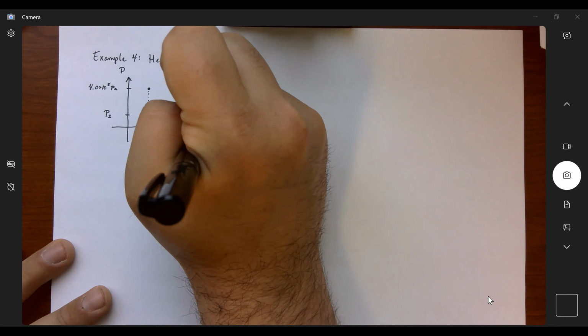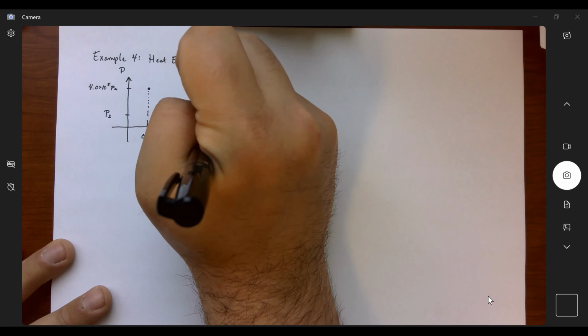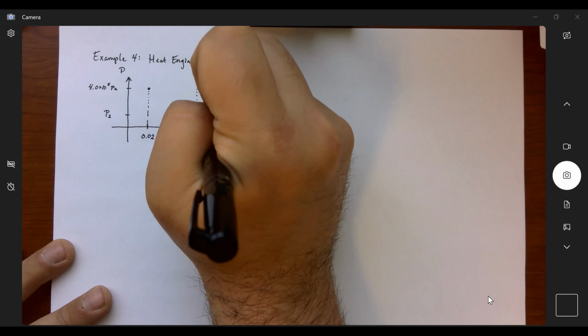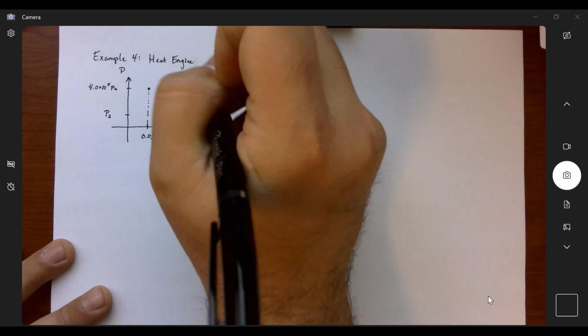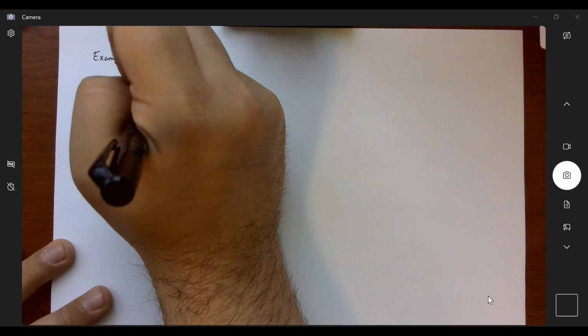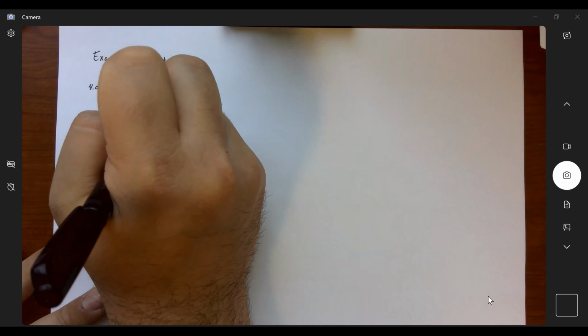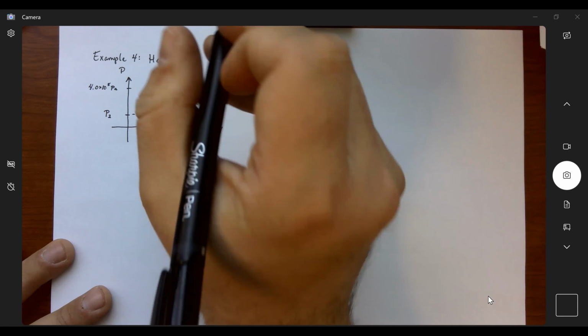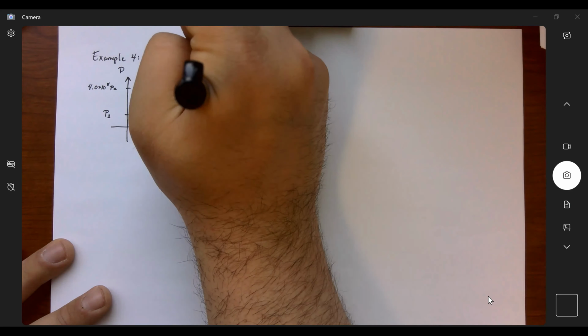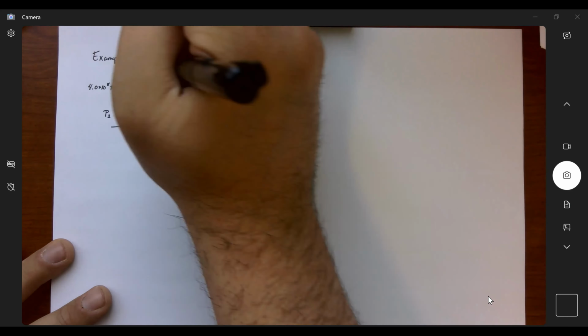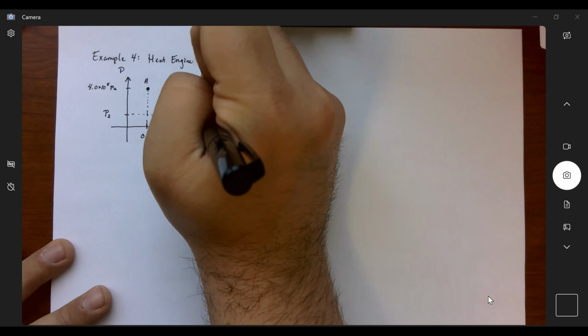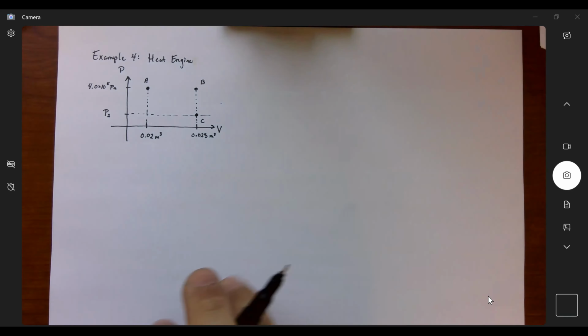And we might increase the volume or decrease from 0.025 cubic meters. All right, and so we have a point here, and our point there. And this I'll call A. This I'll call point B, and this I'll call point C.